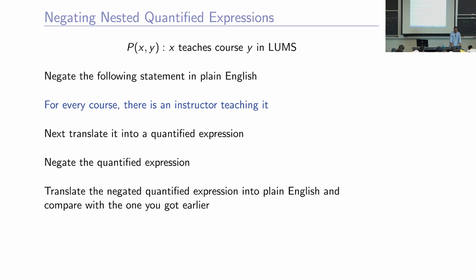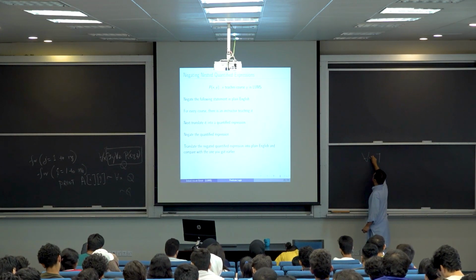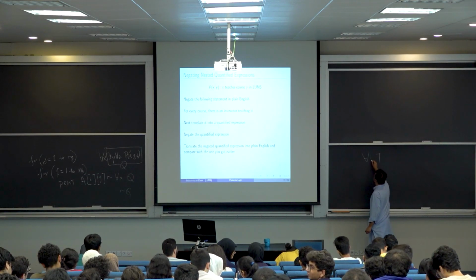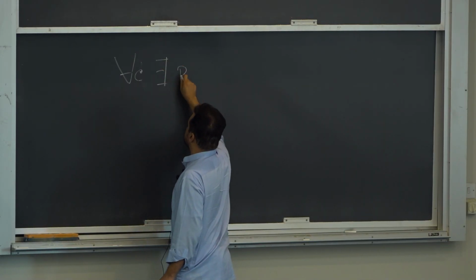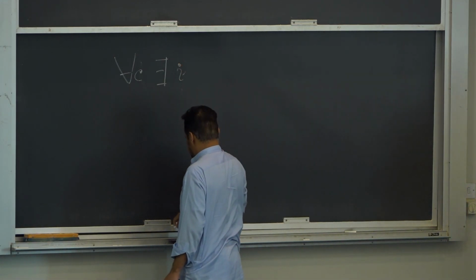For every course there is some instructor. Now what you told me, shall I do it on the board? So for all y, for all courses y, let me just write it, for all c, c is a course, there exists an instructor such that this.